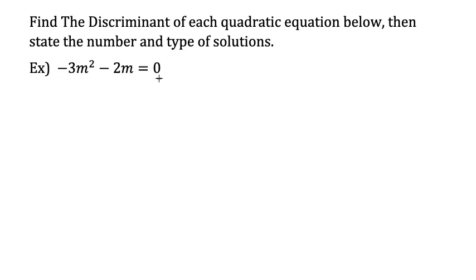Last one here, we do have this equation equal to 0, but we notice that we're missing something. We're missing the c. Well, that's okay. So here we have the a will be negative 3, the b is negative 2, and the c is 0 because it's not there, so it's plus 0. All right, here's our discriminant, b squared minus 4ac.